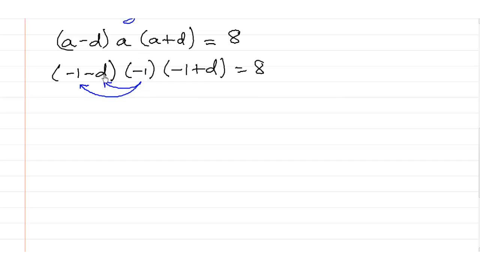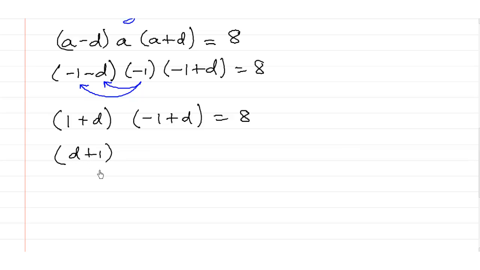So that means minus 1 into minus 1 is 1, minus 1 into minus d is plus d, into minus 1 plus d is equal to 8. Now I'll rewrite this 1 plus d as d plus 1, and I'll rewrite minus 1 plus d as d minus 1. I'm not changing the sign, I'm just rearranging it.